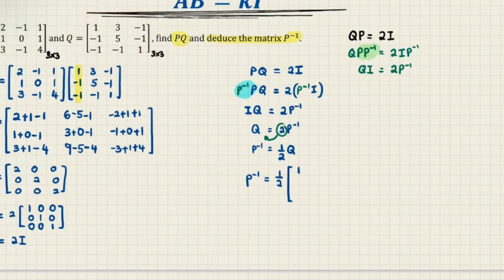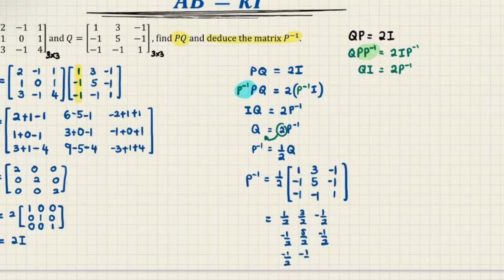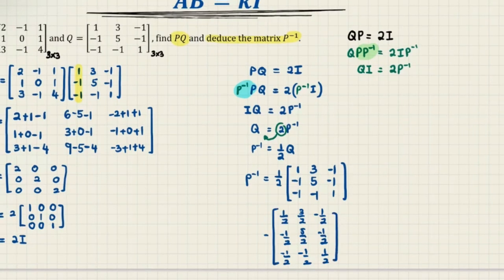So kita ada 1, 3, -1, -1, 5, -1, -1, -1. So from here, our P inverse will be half 3/2, -1/2, -1/2, 5/2, -1/2, and -1/2, -1/2, and 1/2. Okay, so inilah dia our matrix of P inverse.